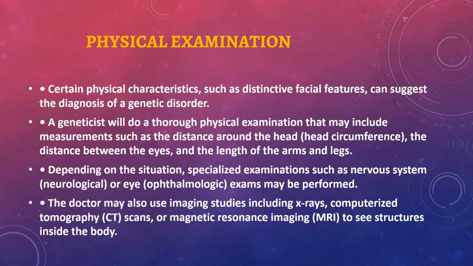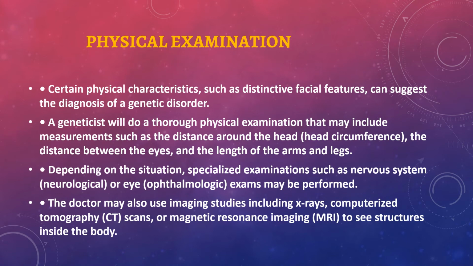Next, physical examination. Physical examination is very important for the diagnostic evaluation of genetic diseases. Certain physical characteristics such as distinctive facial features can suggest the diagnosis of a genetic disorder. A geneticist will do a thorough physical examination that may include measurements such as the distance around the head, called the head circumference.